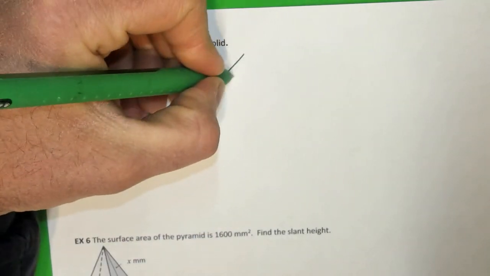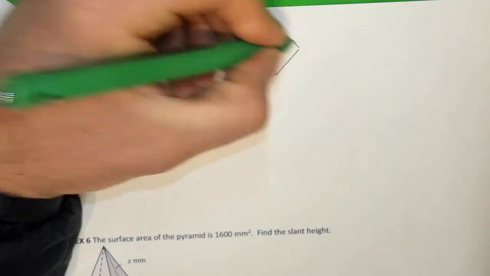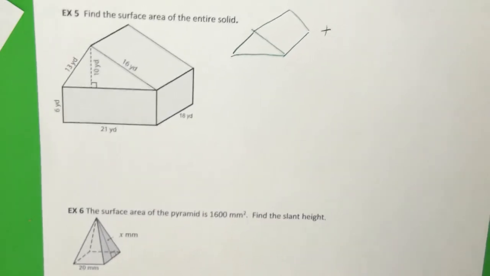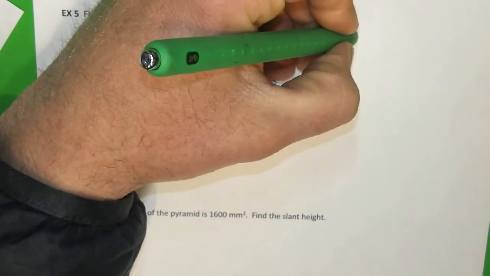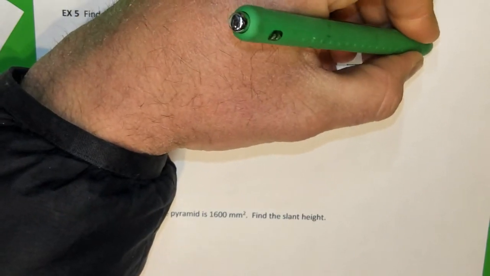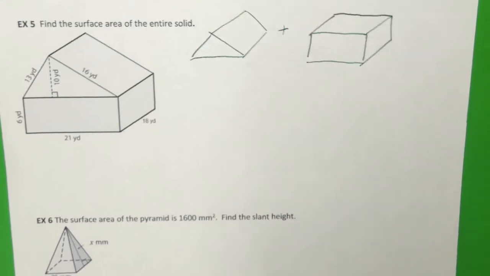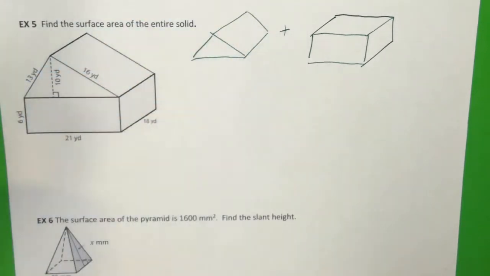We are going to have our triangle that is going to be a prism, but then we're also going to be adding on to that some surface area for our rectangle. And so we're going to have to calculate two surface areas, and we're going to simply add them together.